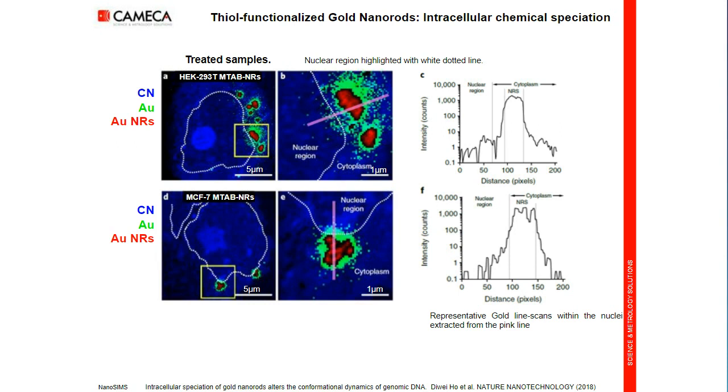On the right side, you see the gold line scan moving from 1,000 counts to maybe 10 counts inside the nucleus and going down. So we can localize gold leaching into the nucleus thanks to the high sensitivity of the NanoSIMS. Because we have such high sensitivity, visible in the logarithmic scale, we can reveal such penetration and internalization of the gold inside the nucleus.